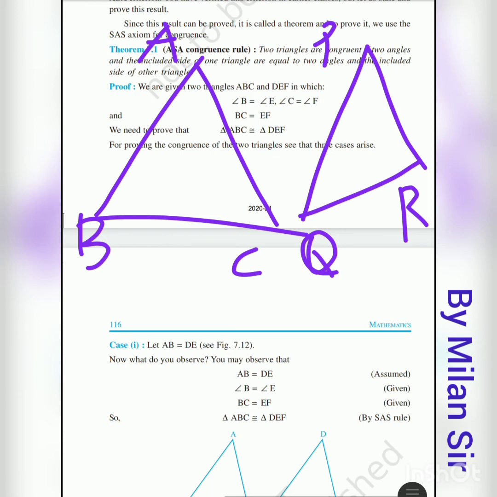So angle P is equal to angle B, angle Q is equal to angle C, and the included side PQ is equal to BC. So this is the angle side angle criterion.